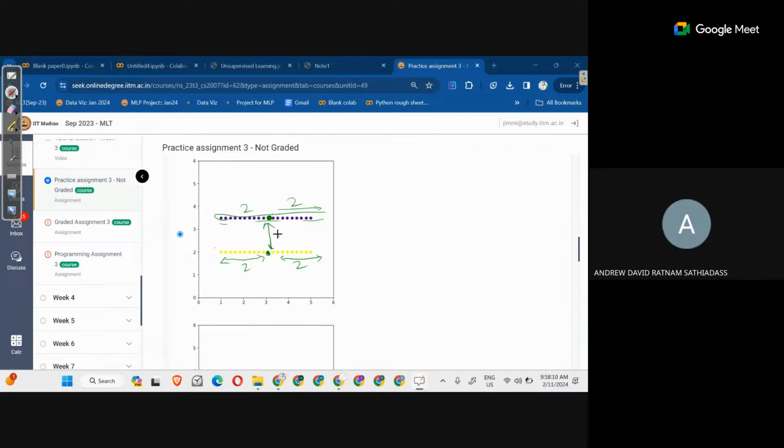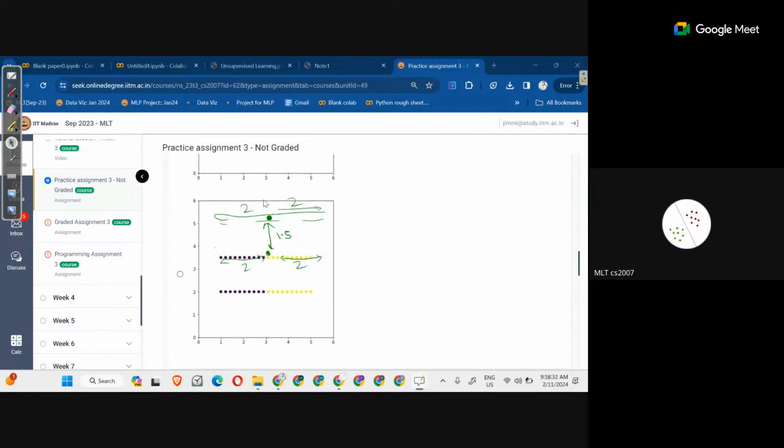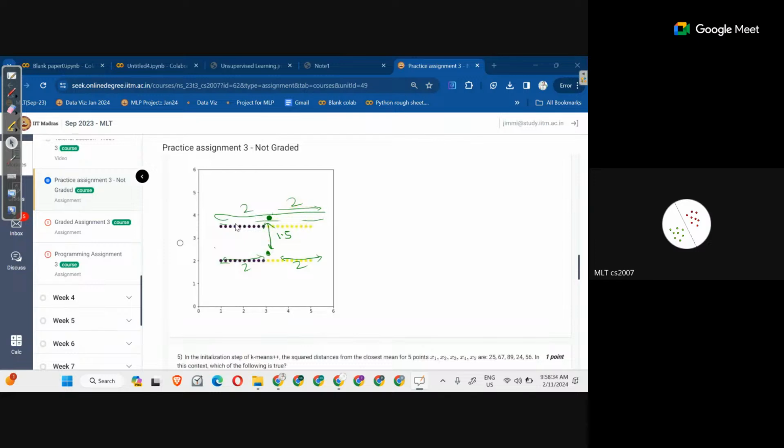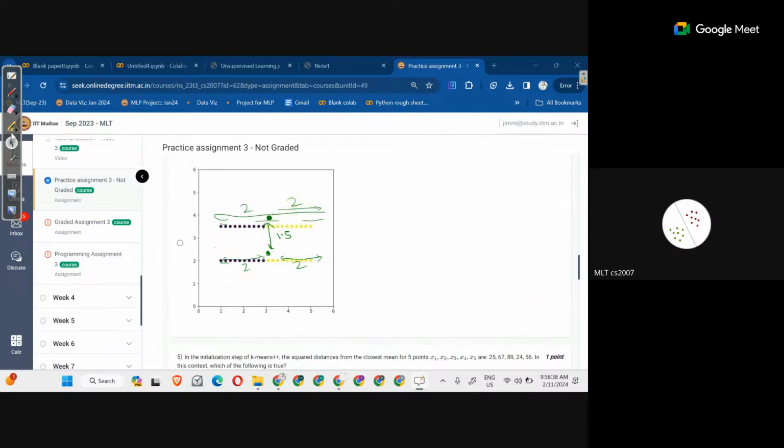Left and right also, if you take two distance each, there'll be only one cluster then. Let me take your example here. In this case also, let's say I am taking it like this.